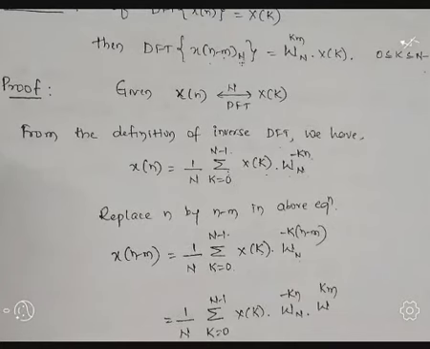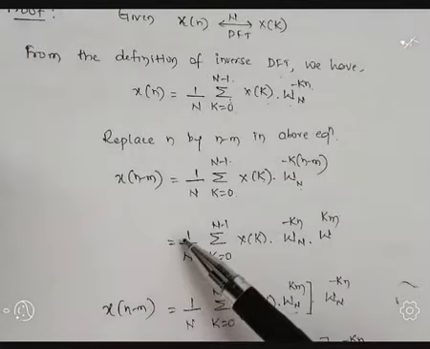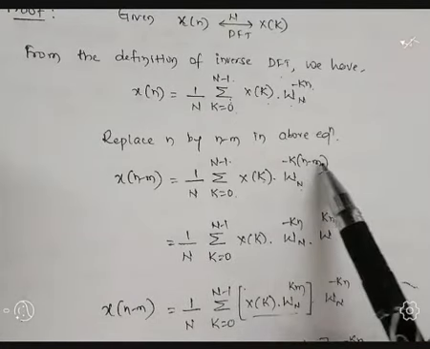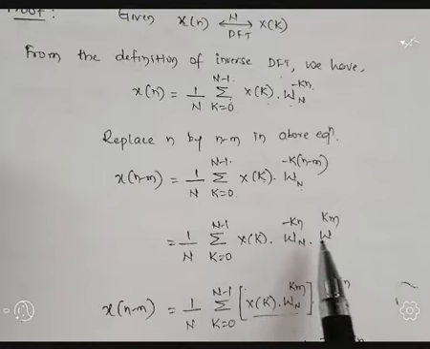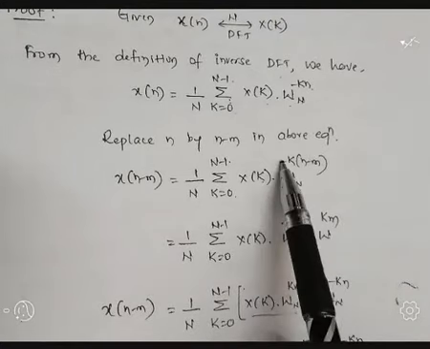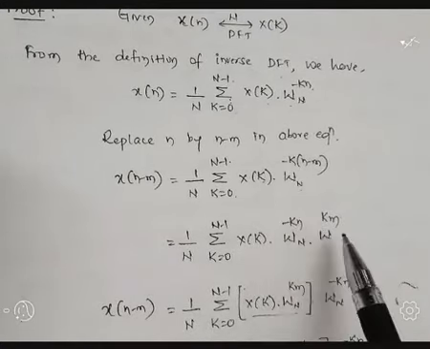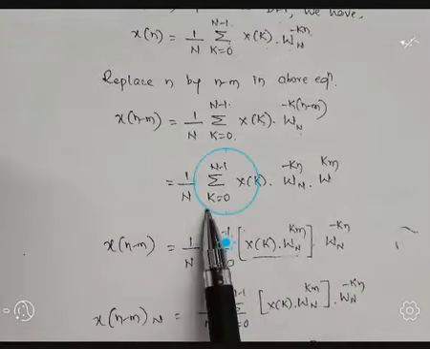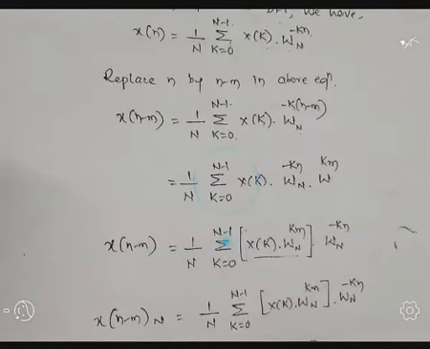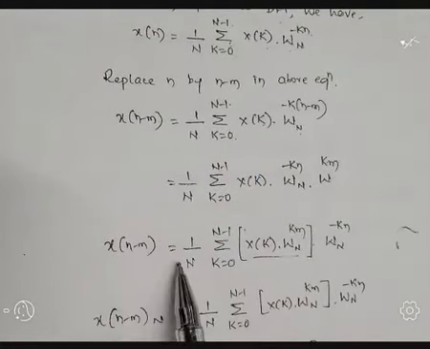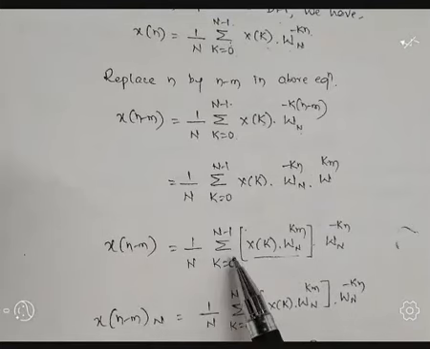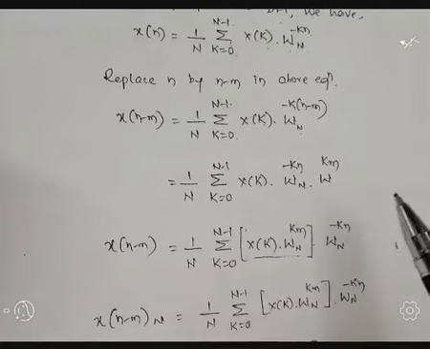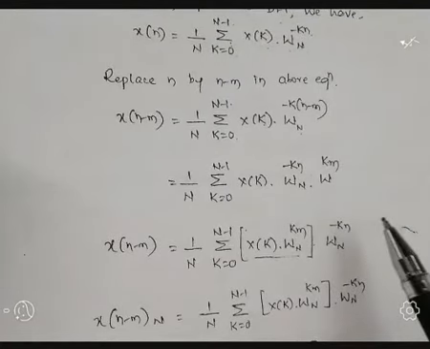For simplification, 1 by N summation over k equal to 0 to N minus 1 X of k. I am going to separate these power terms, that is W_N to the power minus k into n minus kn, minus into minus plus, so that is km. Rearrange the terms, index k is there. x of n minus m equals 1 by N, I will take it outside, summation over k equal to 0 to N minus 1 X of k W_N to the power km.